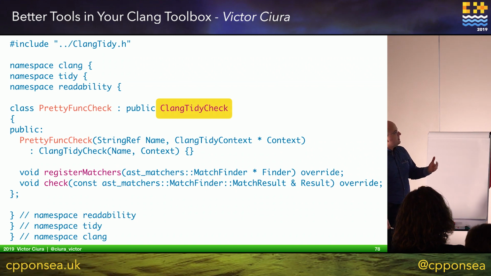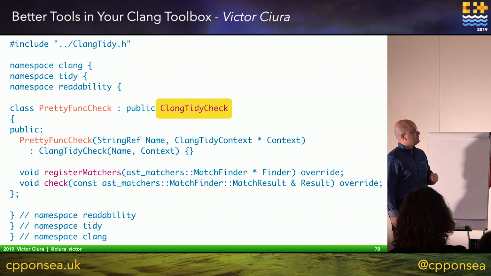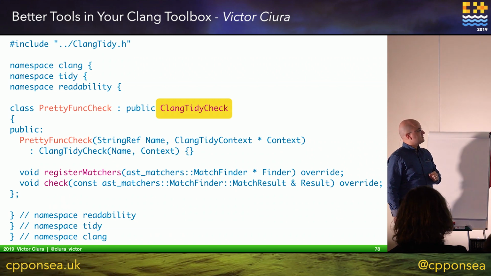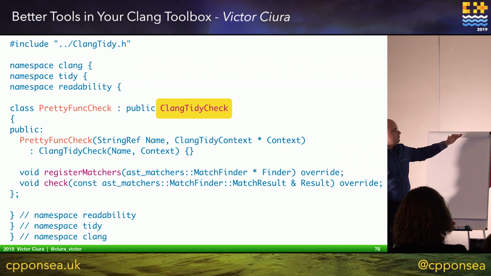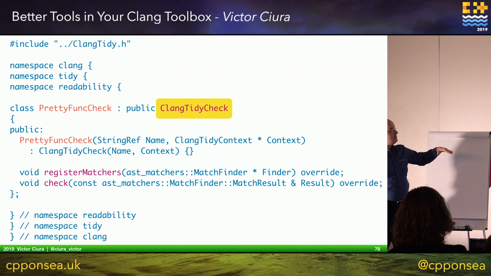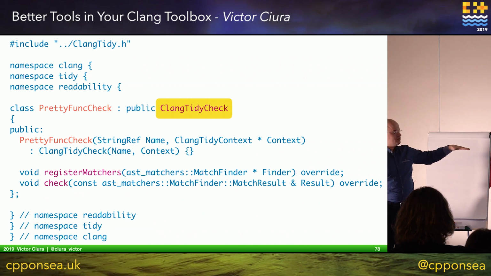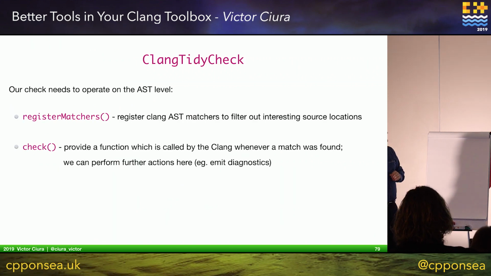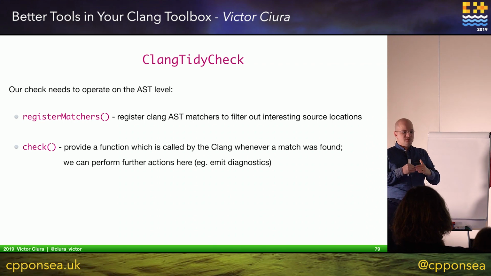Its structure is something like this. That's the most basic structure that you can define. You have to inherit from a Clang-tidy check. That's a base class for all the checkers. And you have two functions: register matchers for AST matcher and check that actually does the check. As I said, for preprocessor checkers, you have to use pp callback. And registered matchers registers a Clang AST matcher to filter out the interesting declarations.